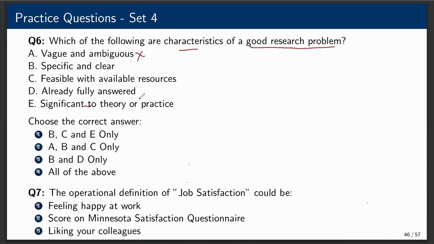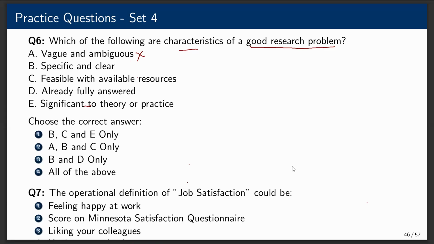Very good. Then the operational definition of job satisfaction could be: feeling happy at work, score on Minnesota satisfaction questionnaire, liking your colleagues. Which one will be the answer?